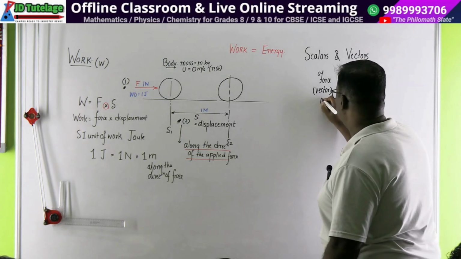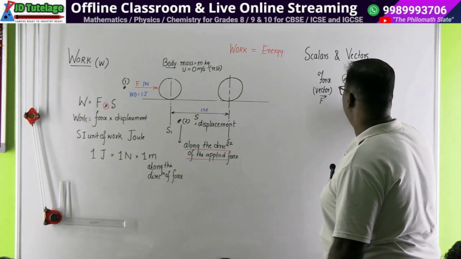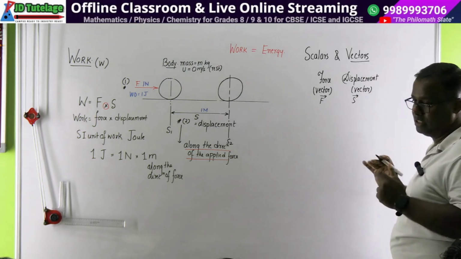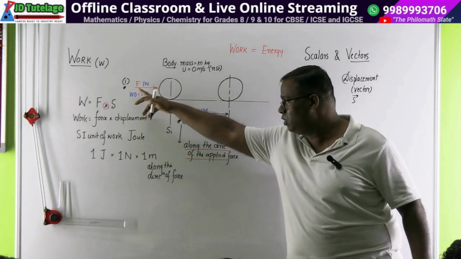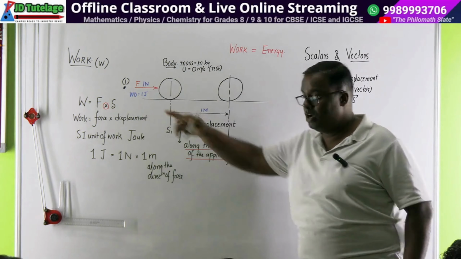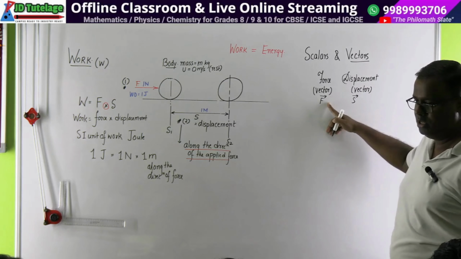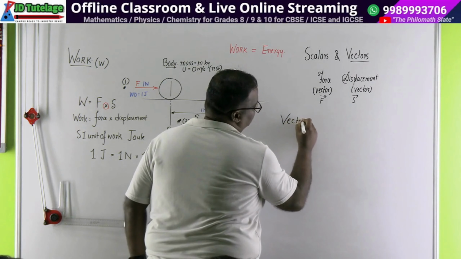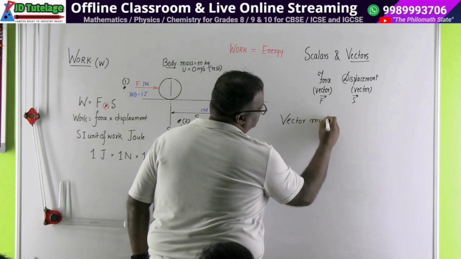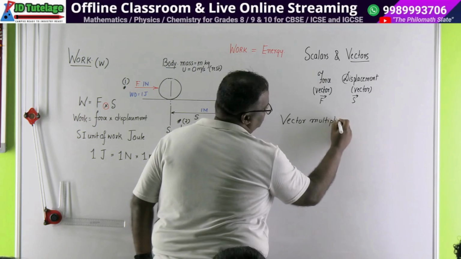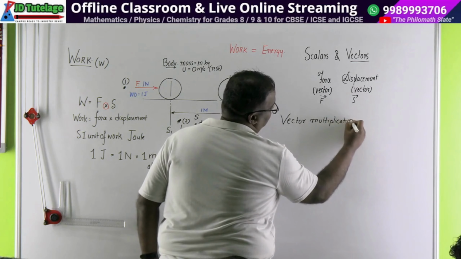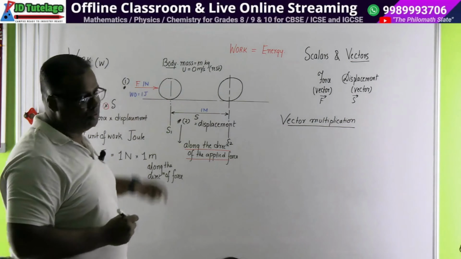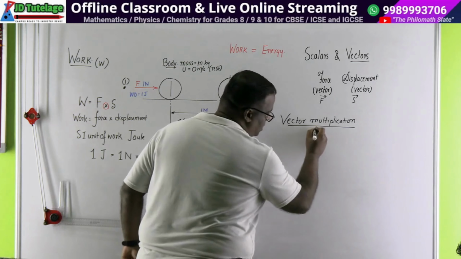So let me take this force as a vector. Now I'm writing it in the vector format and displacement is also a vector. ऊपर arrow लिख देना मतलब I'm showing it as a vector format. When you write it as only F, you are only showing the magnitude part. Now I'm showing it as a vector. Understood? Now we are going to do something called vector multiplication. Vector multiplication is not the way that you think your normal 3 into 2 is 6. Vector multiplications are of two types.